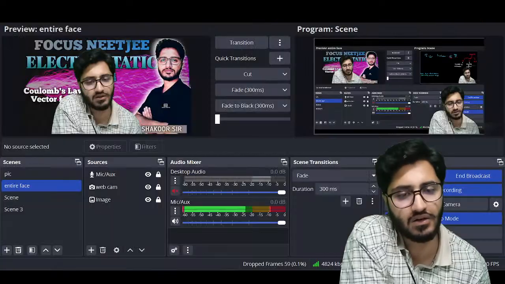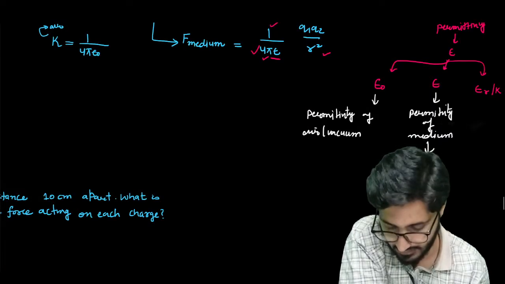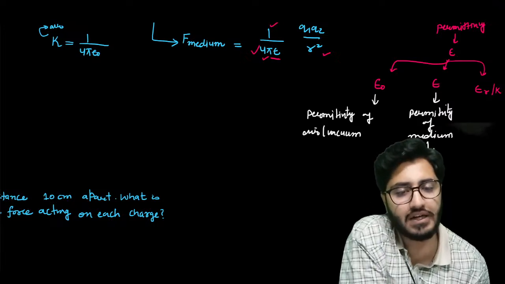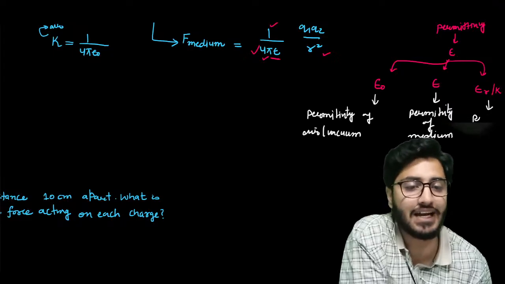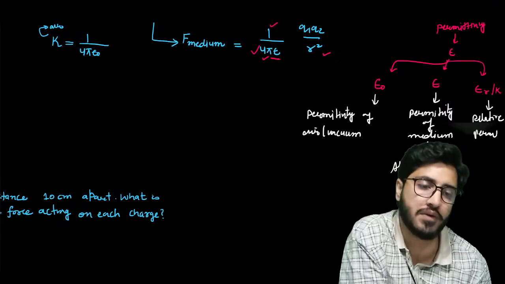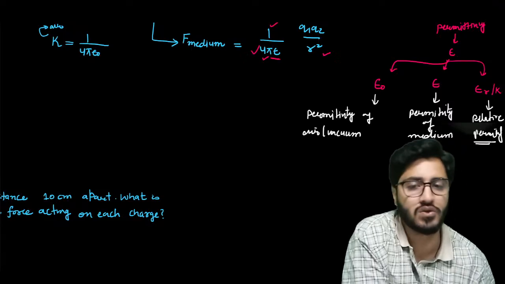And epsilon r is the relative permittivity.